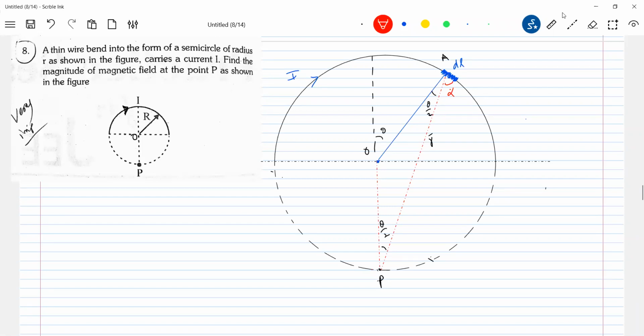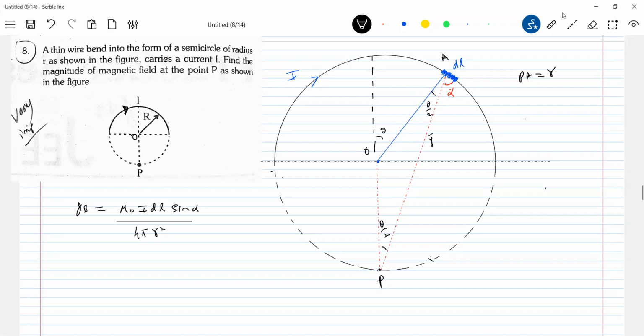So directly now write the Biot-Savart law equation. dB is equal to mu naught I dl sine alpha by 4 pi R square, where alpha is the angle between the current element and R bar. So what is R square?